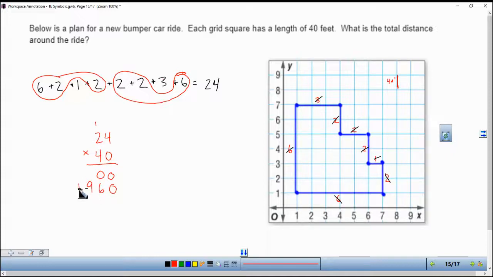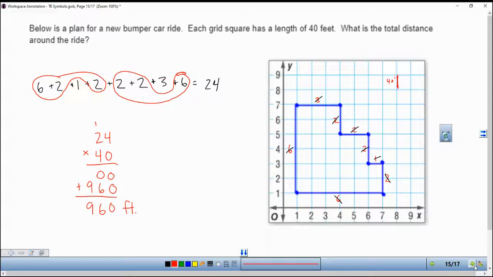So when we add these up, we get 960, and that's going to be feet. Not squared, because we're not talking about area. We're talking about just distance around the figure. So it's going to be 960 feet, which is about a fifth of a mile. So it's kind of long, I guess, for bumper cars.